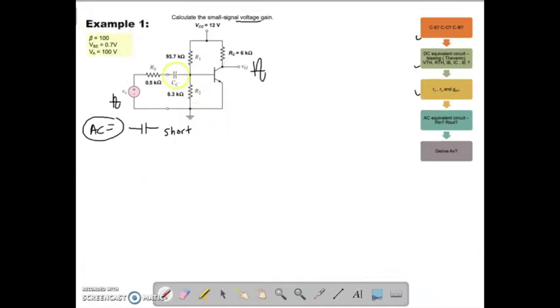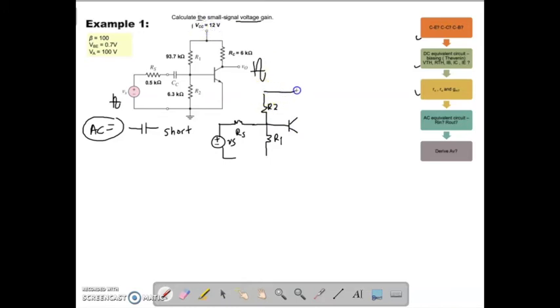When you short the capacitor, you are connecting to your input here. This is the AC input. Here is your RS, then your CC is connected, and you have R1 and R2. Now, what will happen to your VCC? This is a DC supply.